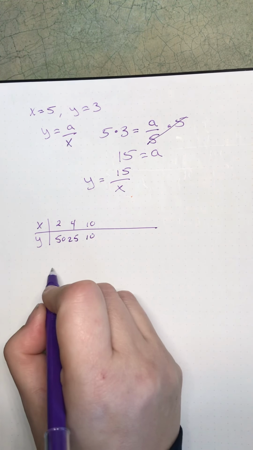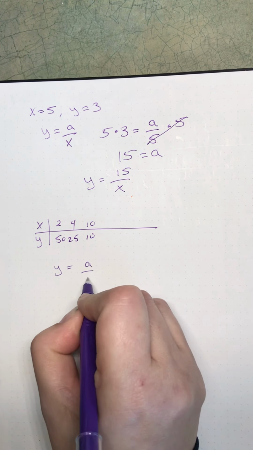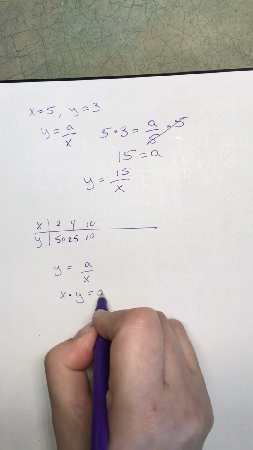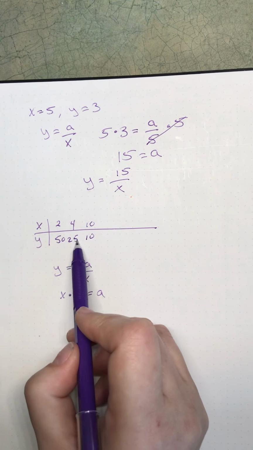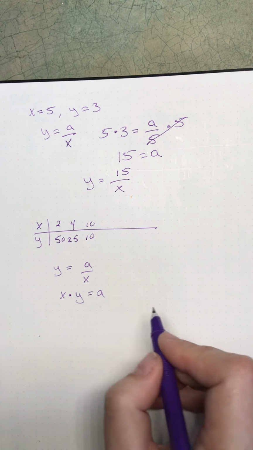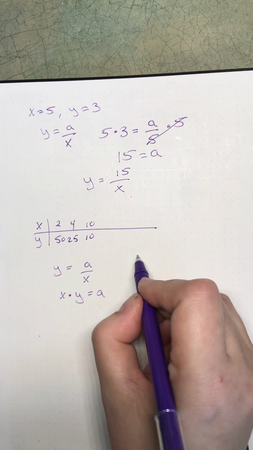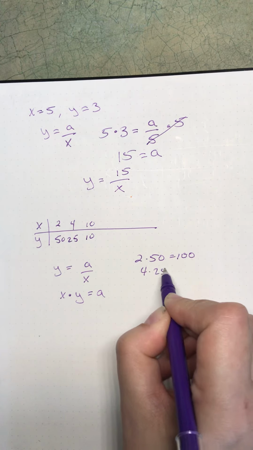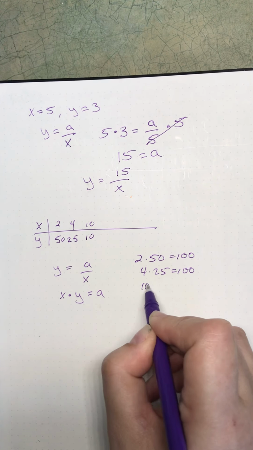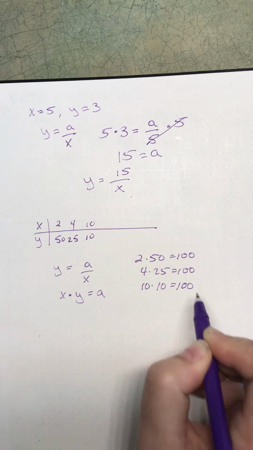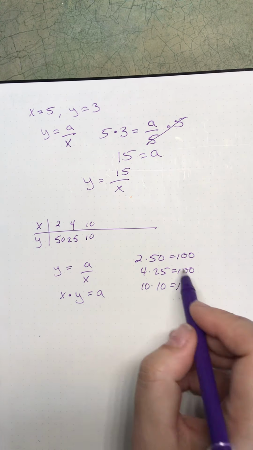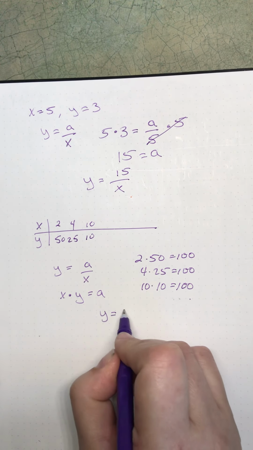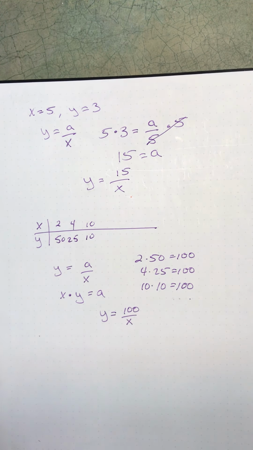Because y equals a divided by x means x times y equals a. So if we multiply these together, we should always get the same constant. So 2 times 50 equals 100, 4 times 25 equals 100, 10 times 10 equals 100, and so forth. So yes, this is in fact inverse variation, y equals 100 divided by x.